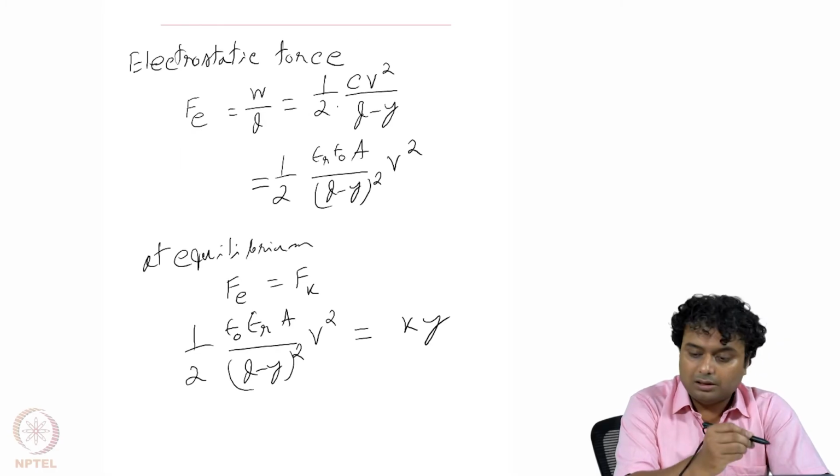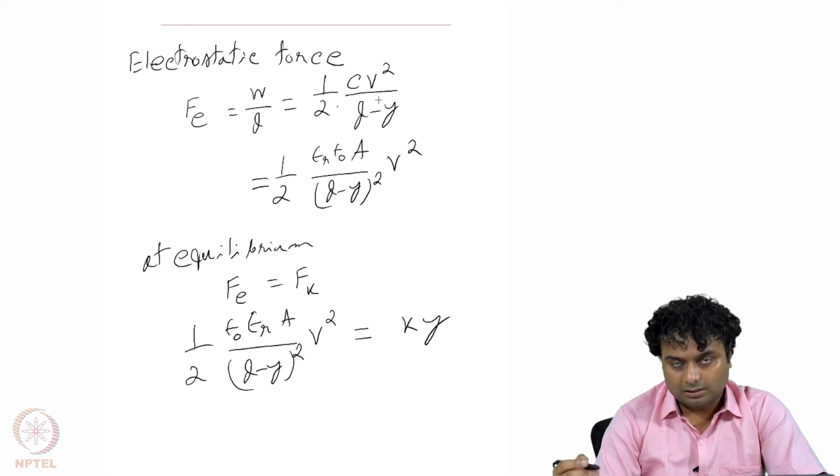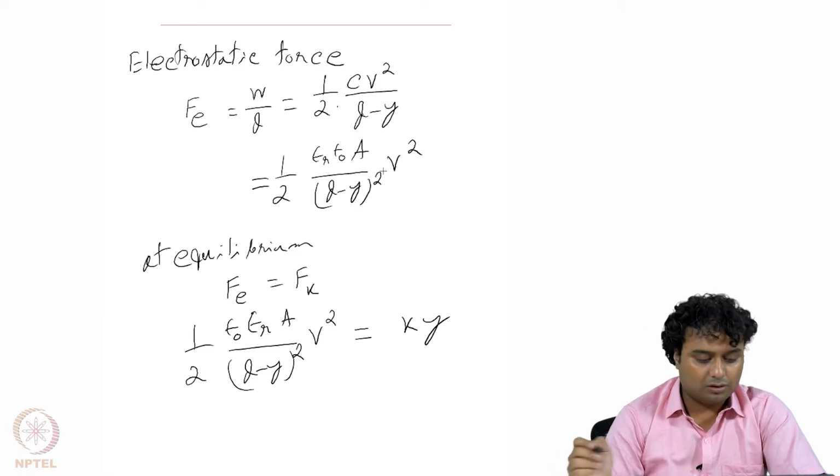I have already derived this expression here. We know the electrostatic force is W by d, which is half Cv square divided by d minus y, because if y is the deflection, then the gap between the top plate and the bottom plate is now d minus y. Then you write C in the form of epsilon A by d, and you get d minus y whole square.